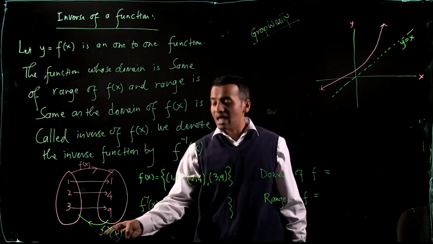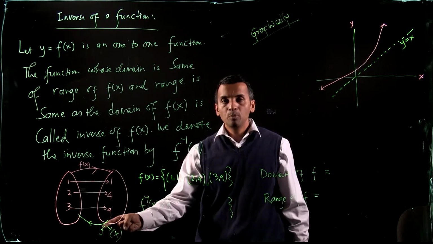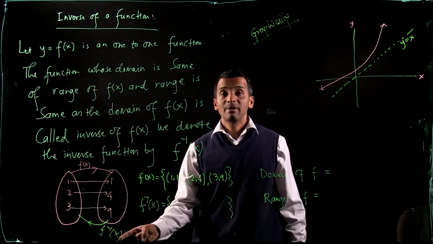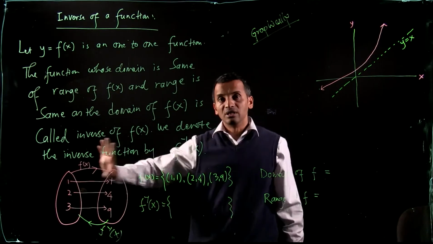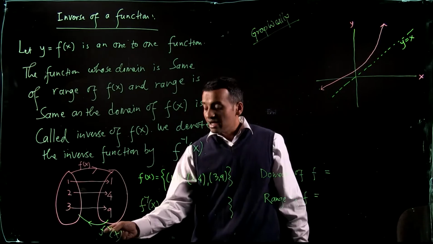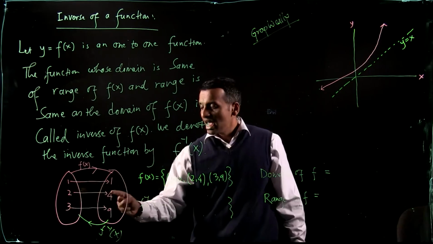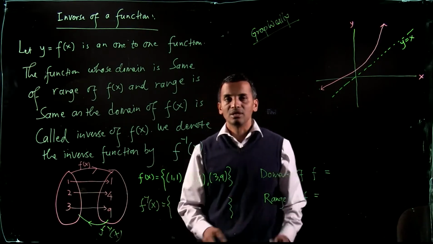That function is f inverse x. That's the notation, f superscript -1 and then x. It is not the same as 1 over f of x though. It's just the notation for the opposite. So f inverse at 1 is 1, f inverse at 4 is 2, f inverse at 9 is 3.